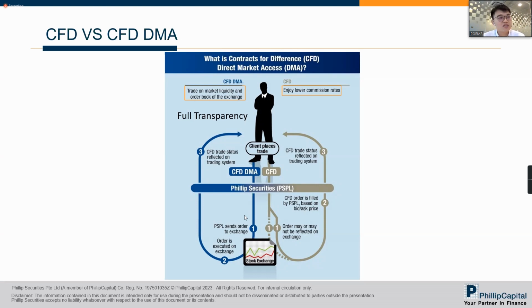The simplest way to understand it is that if you buy CFD, the market maker is Philips. If you buy CFD DMA, the market maker is still SGX, which is the CDP. It's full transparency. This is the difference.